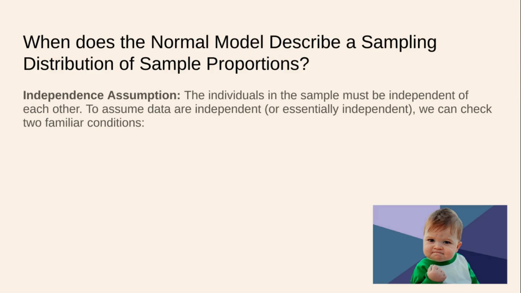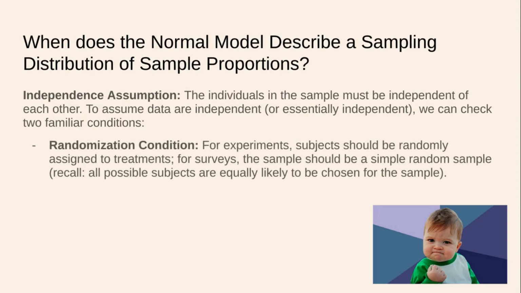Well, you need to assume independence, that the individuals in the sample must be independent of each other. Now, how do we know for certain that the subjects are going to be independent? We can check two conditions, and the conditions are what I want you to really focus on. The randomization condition.